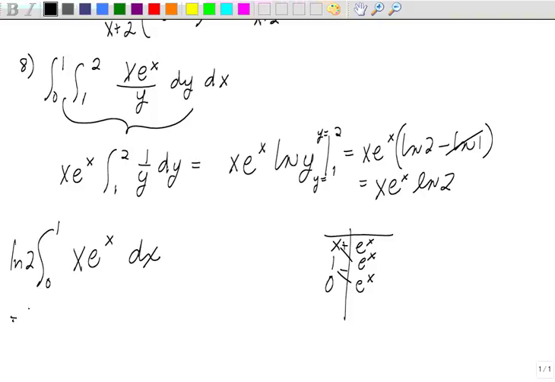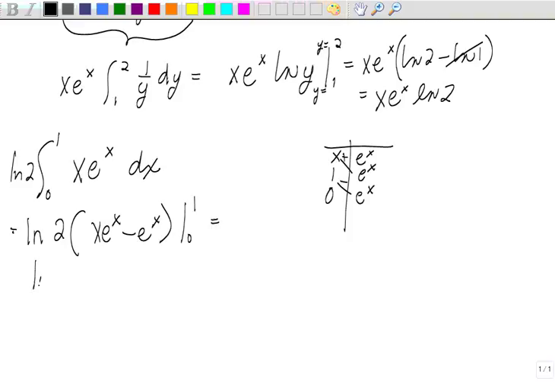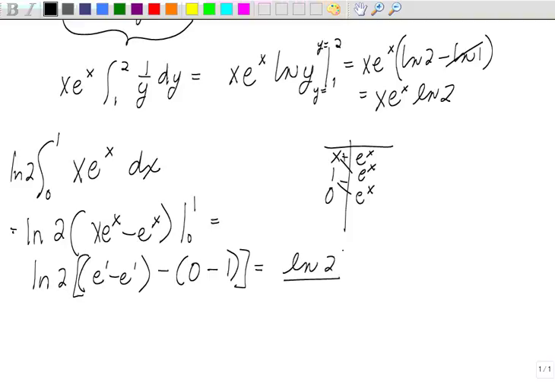So this is going to be ln 2 times (x e to the x minus e to the x) from 0 to 1. So this is ln 2 times ((e minus e) minus (0 minus 1)). So that's just 1 times ln 2, which is ln 2. So that's my final answer.